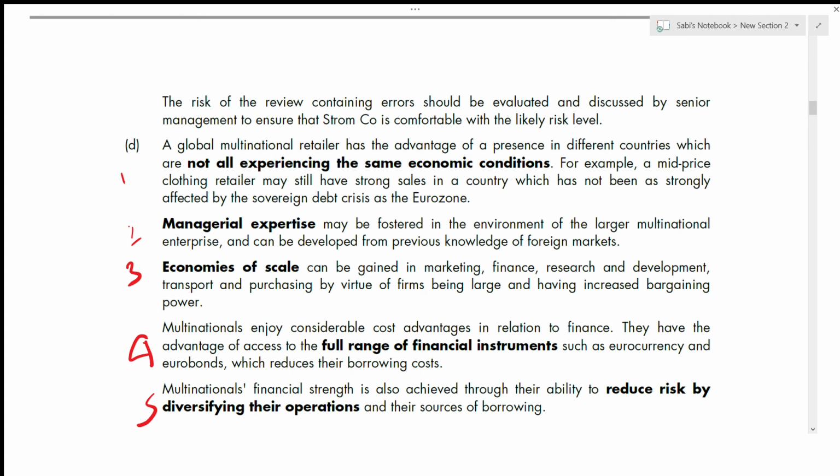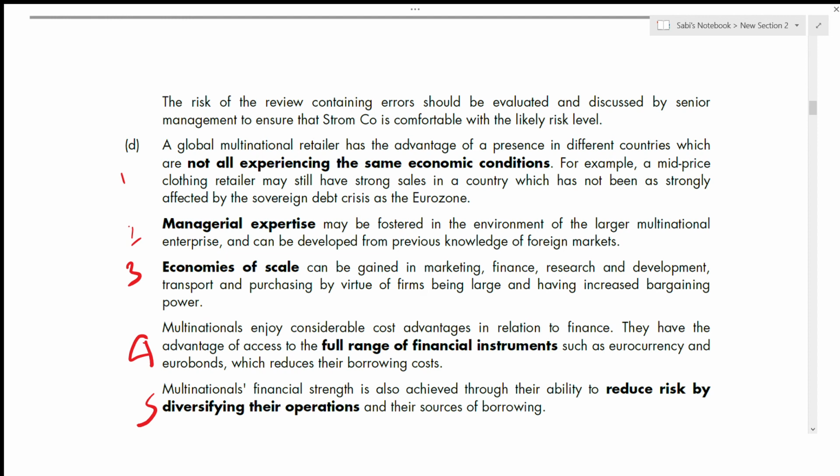So a global multinational retailer has the advantage of a presence in different countries, which do not all experience the same economic conditions. So the first advantage is that they have a presence in many different countries, right? And in each country they are not in the same economic conditions. Some are facing bad economic conditions, some are better.